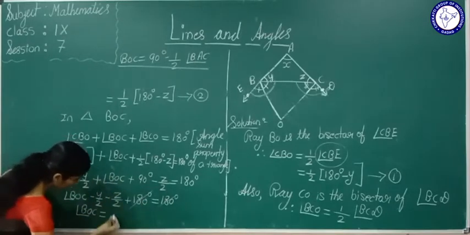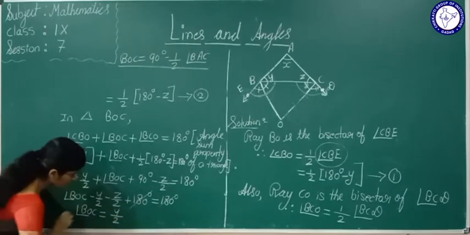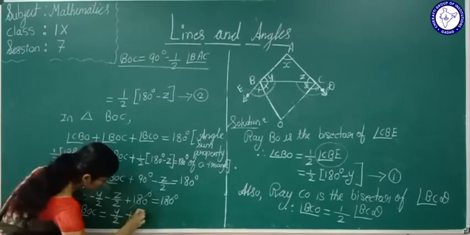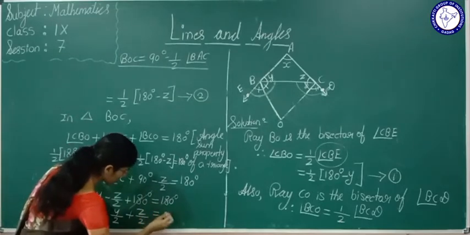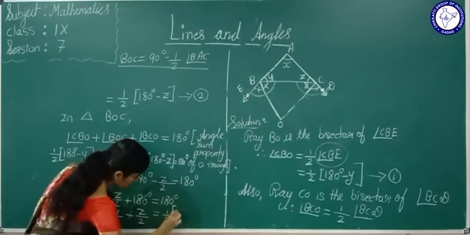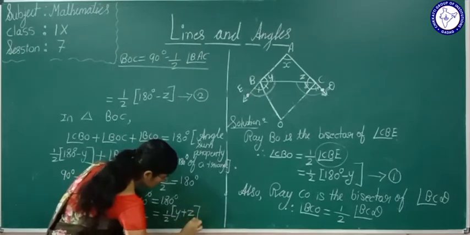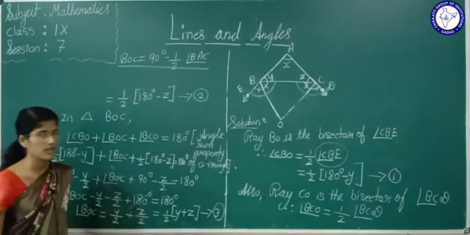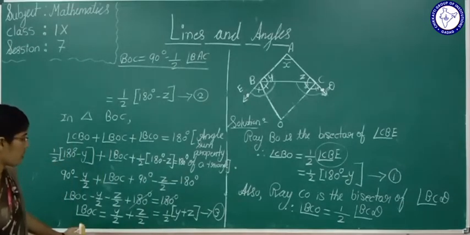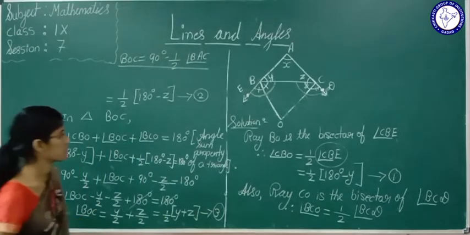If I shift it to the RHS, it will become y by 2 plus Z by 2. So this can also be written as 1 by 2 (y plus Z). Call this equation number 3. We got equation number 3.